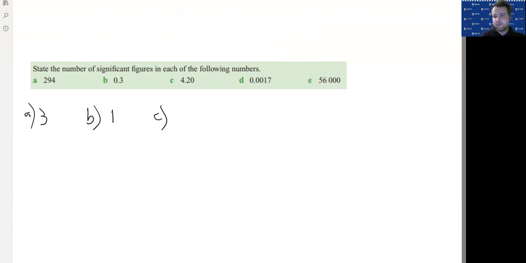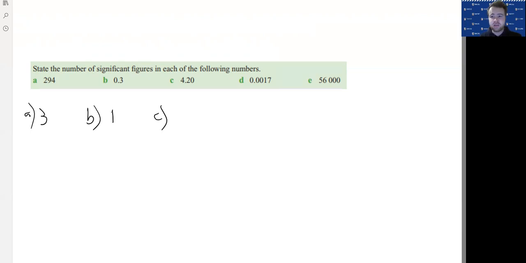For C, this is where we need to be careful. We've got a 4, a 2, and then a 0, but that 0 is after a decimal point. So that actually is significant in this case, because if I say 4.20, then that could be anywhere between 4.195 and 4.205.